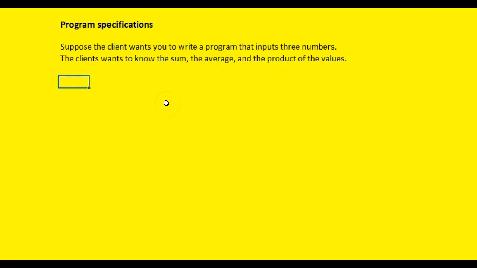The only other question you might have of the client is, what do the numbers look like? And that would be like a 9 or a 9.5 or a 8.99999999999.